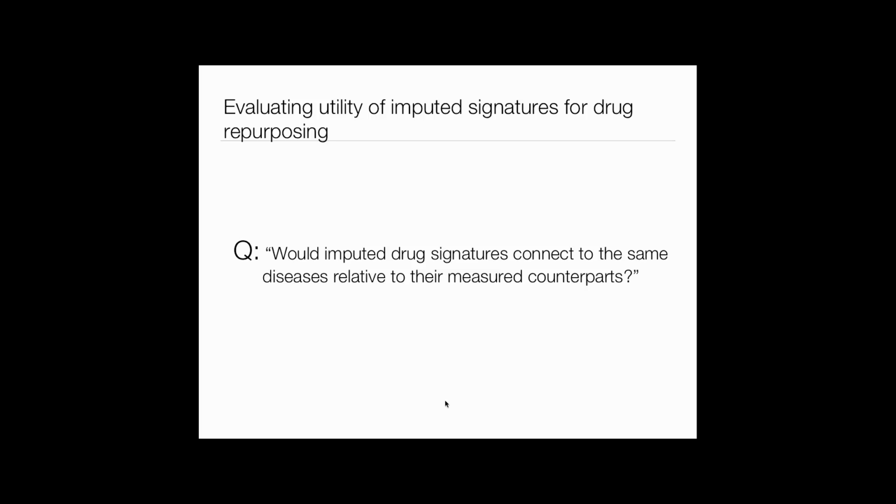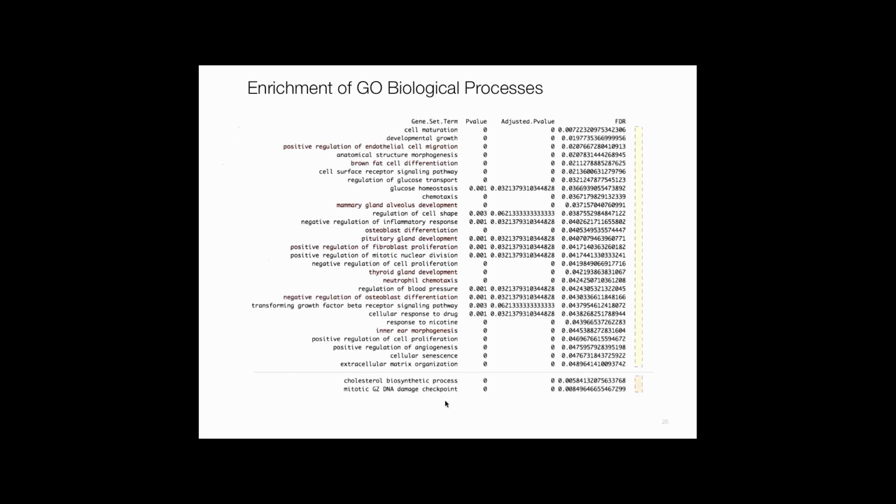So as I just said, this next piece of work is about evaluating the utility of the imputed signatures for drug repurposing. So far I've showed you some quantitative evidence that these signatures are reliable, or the degree of accuracy.